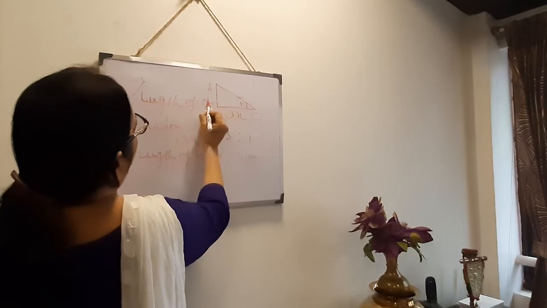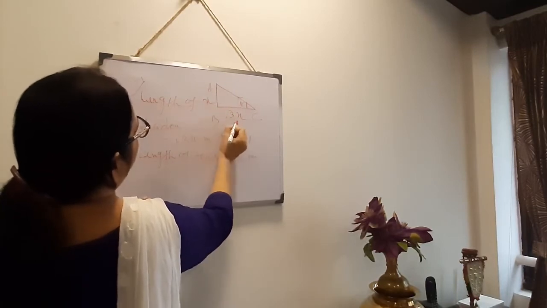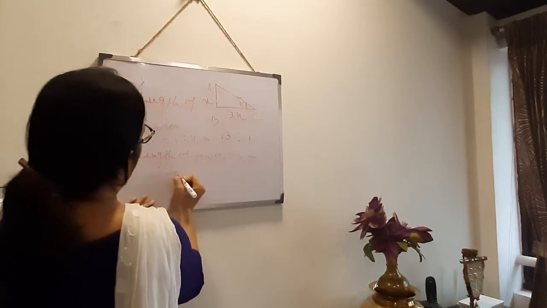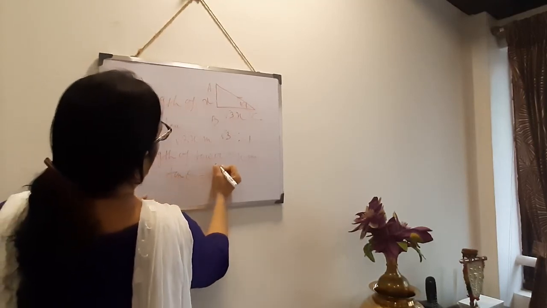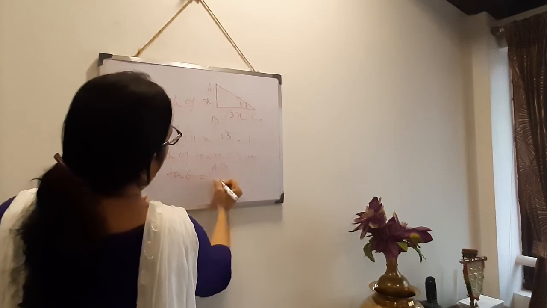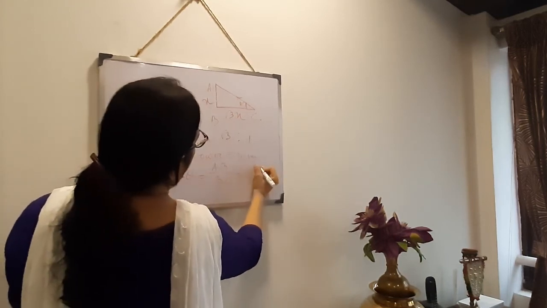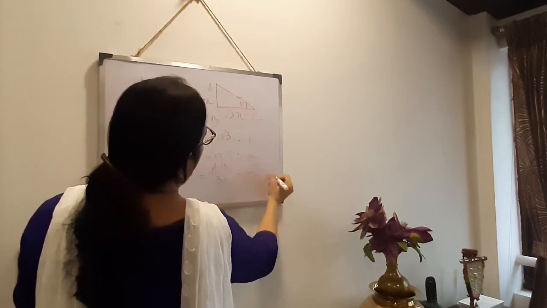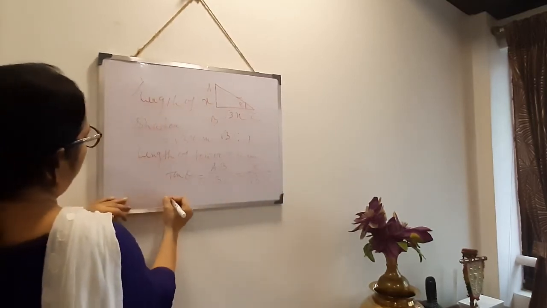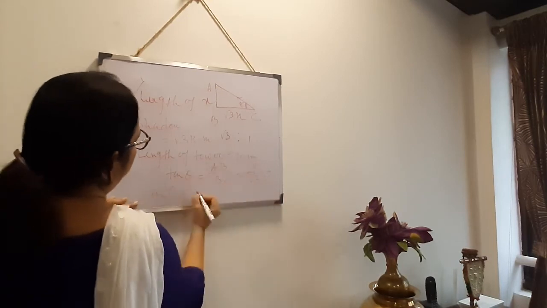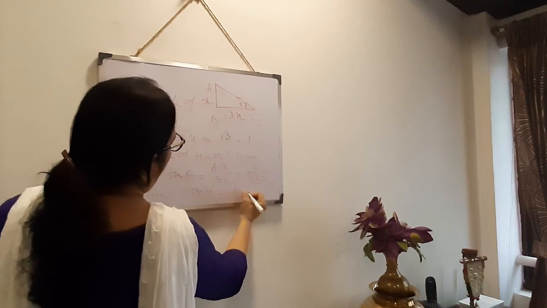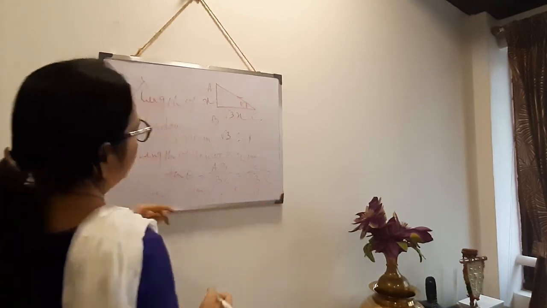So here perpendicular and base it is given. So now you can say, I think, that we have to apply tan. So tan theta equals to perpendicular by base, x by root over 3x. So tan theta is coming 1 by root 3, that means tan 30 degree. Therefore the required angle of elevation is coming 30 degree.